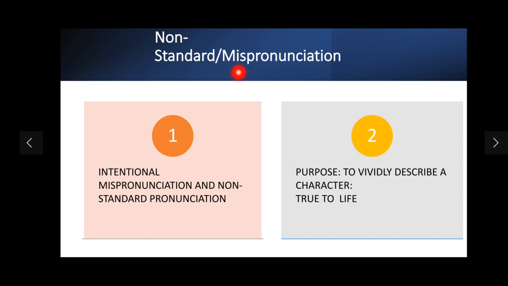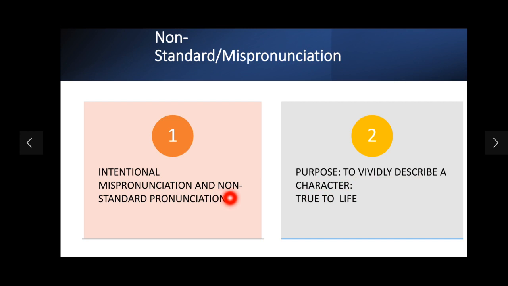Non-standard pronunciation or mispronunciation. Sometimes while we read a poem, we may come across intentional mispronunciation and non-standard pronunciation. That is because the purpose is what? The purpose is to vividly describe a character, to depict them true to life.